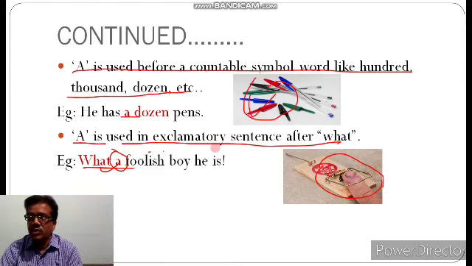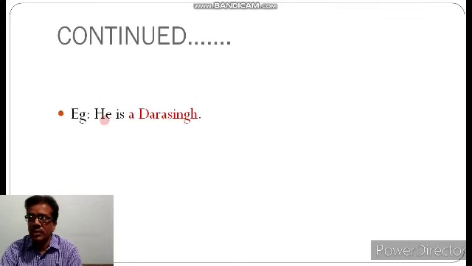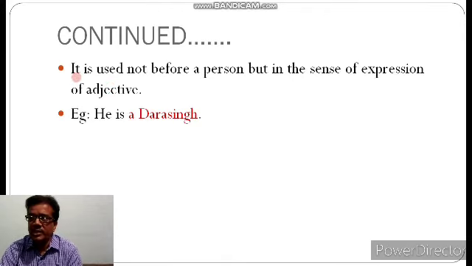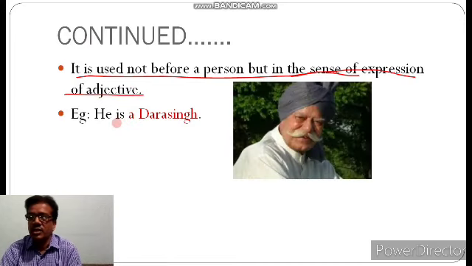Okay. So next, he is a Dara Singh. You are looking at the example. It is the last one. A is not used before a person's name, but in the sense of expressing an adjective.